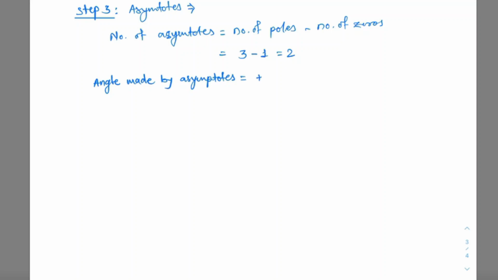This angle is plus minus 180 degrees in bracket 2k plus 1, so odd multiple of 180 degrees divided by n minus m, where n is the number of poles and m is the number of zeros. K equals 0, 1, 2 and so on.